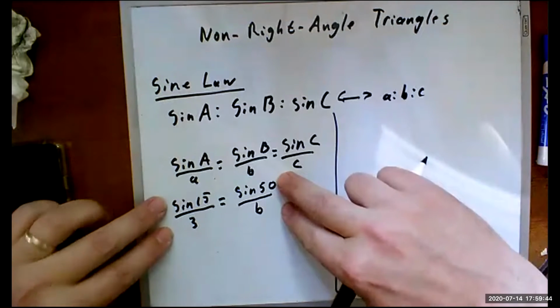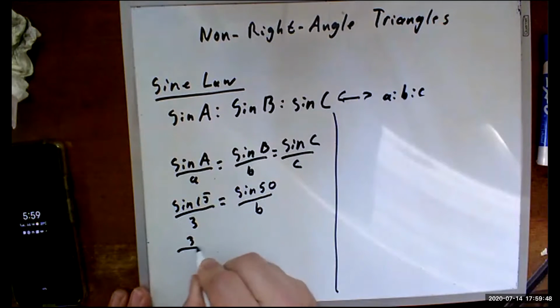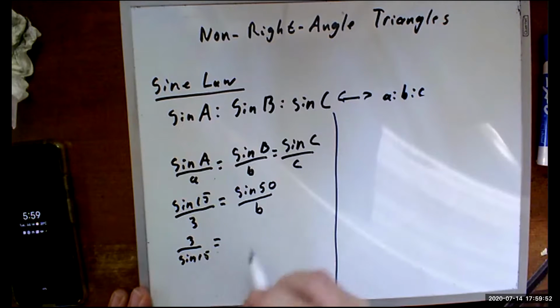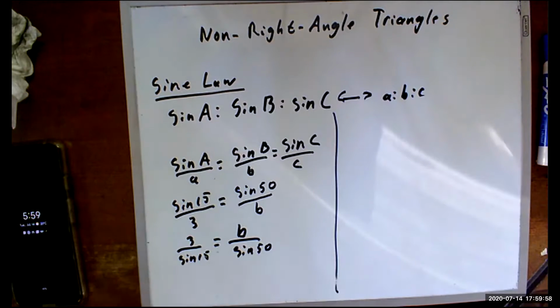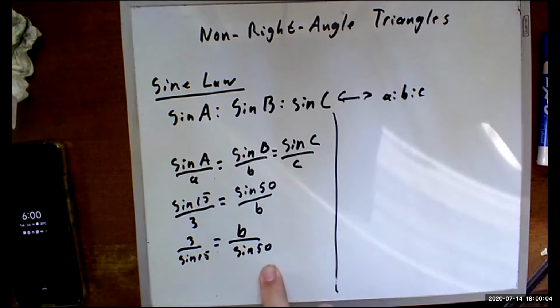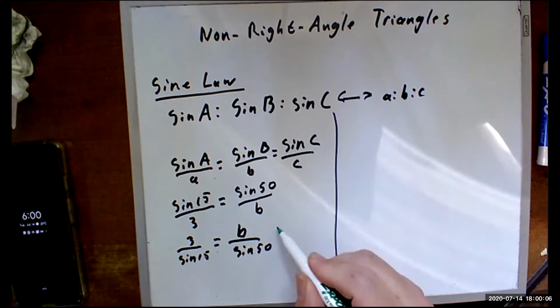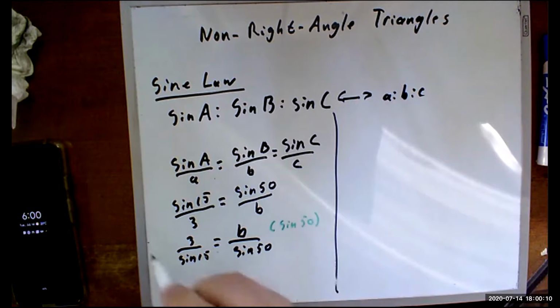So the first thing I do is, to make my life easier, I'm going to flip these things over. So I'm going to get 3 over the sine of 15 is going to be equal to B over the sine of 50. I'm trying to get B on its own. It's being divided by the sine of 50, so I'm going to multiply by the sine of 50 on both sides.